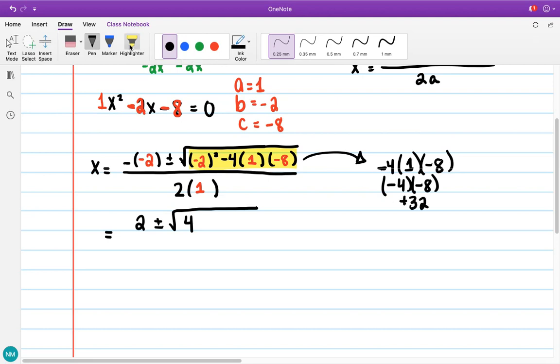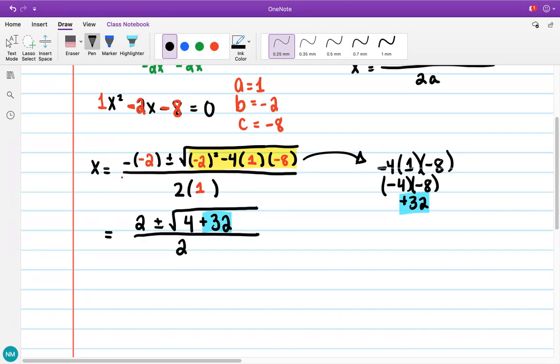So this positive 32 goes right here, plus 32. All over 2a, 2 times 1 is 2.